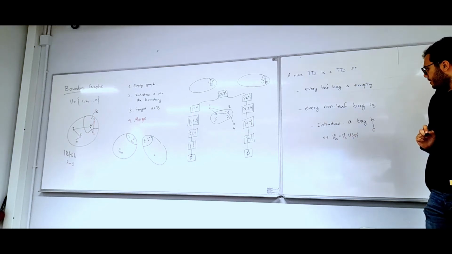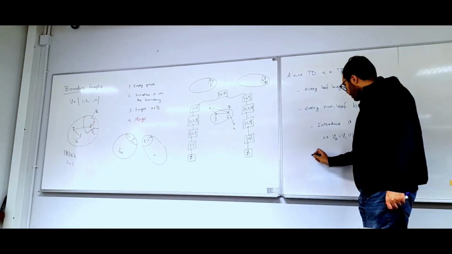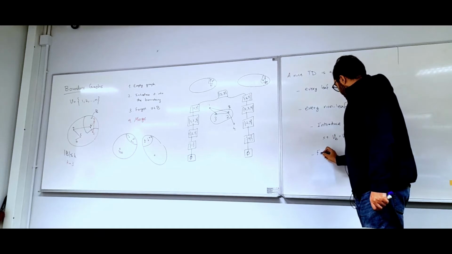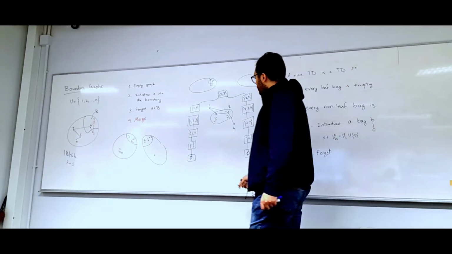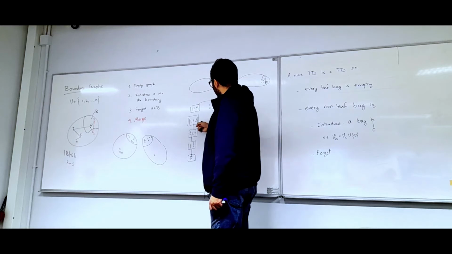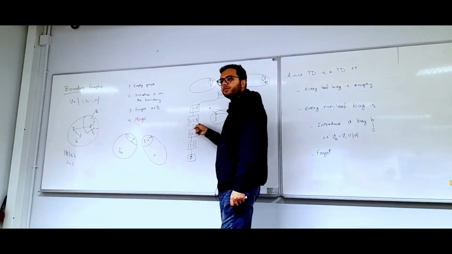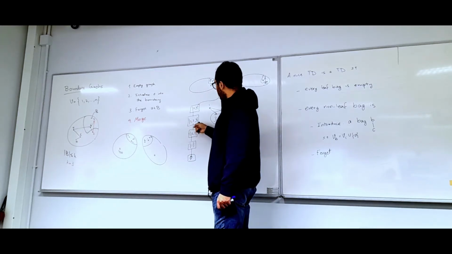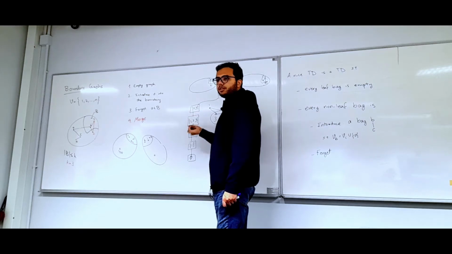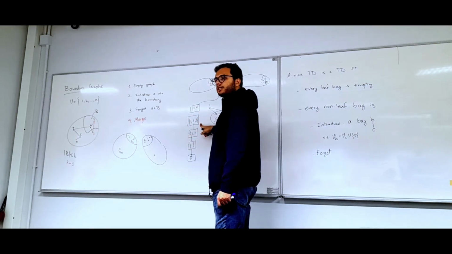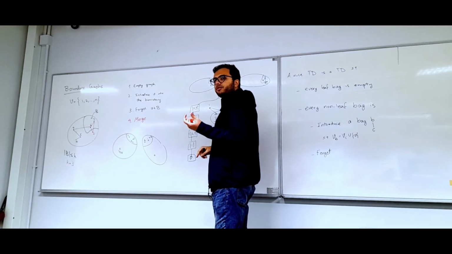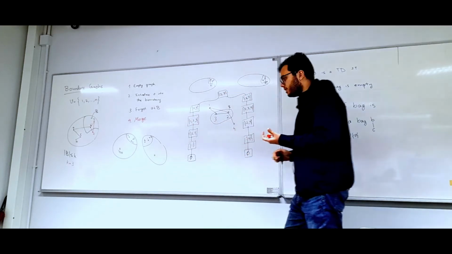Okay? So I can also have a forget bag. So what happens when I forget something? For example, here, my boundary was 1, 2, 3, and then I forgot vertex 1. So my boundary just became 2 and 3. So again, it's just a bag that has a single child, but now it has 1 vertex fewer than its child.